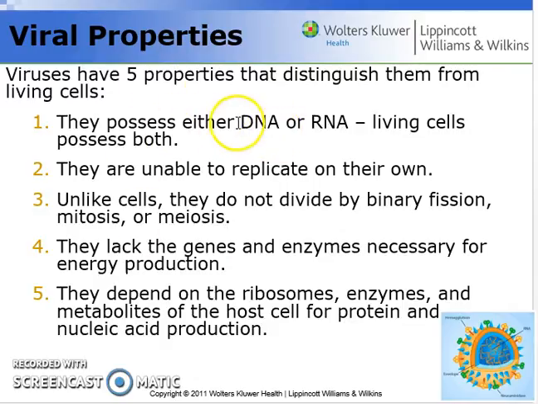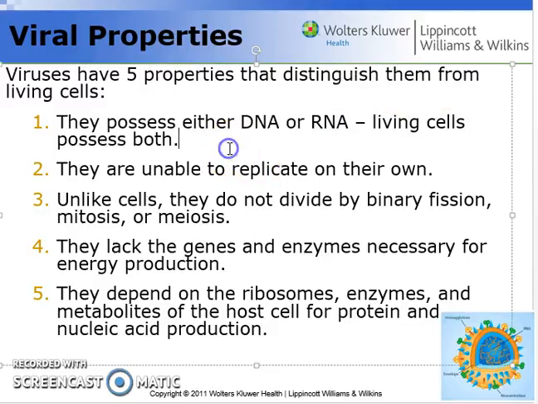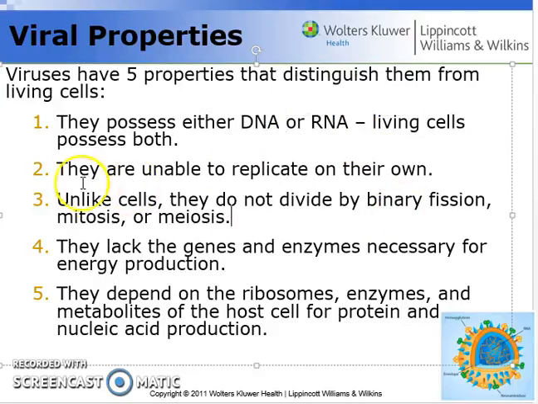But viruses are non-living, or at least the evidence is leaning towards them not being living, and they will only have either DNA or RNA, but not both. So viruses are parasitic. They cannot replicate on their own, so they have to insert their genetic material into that of a host cell in order to survive and replicate. That's another reason why these organisms are not considered to be living.